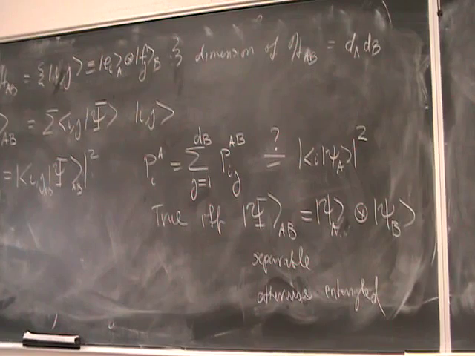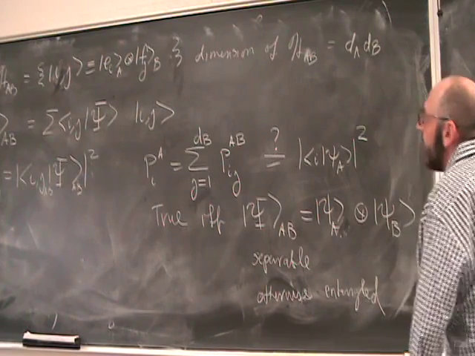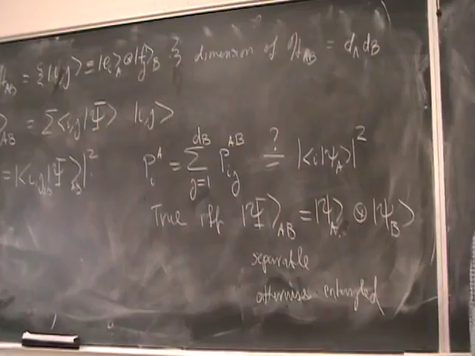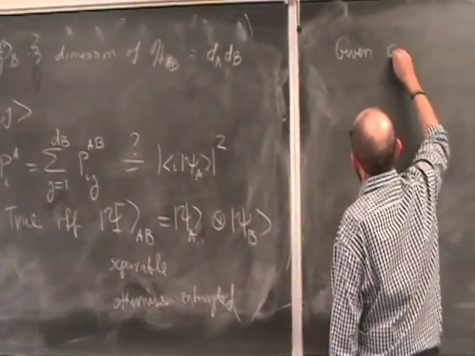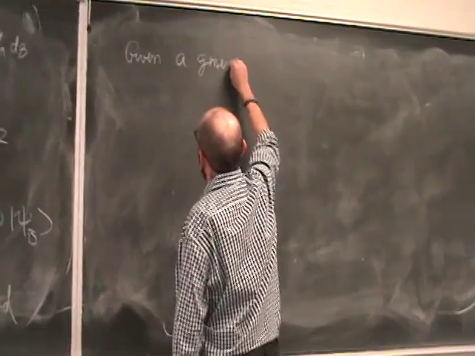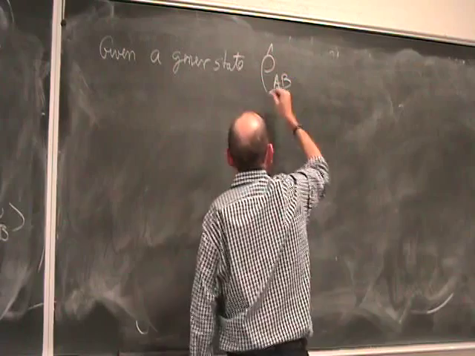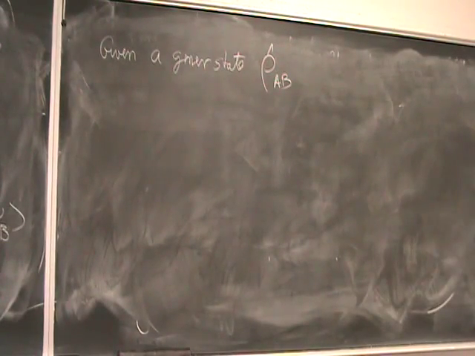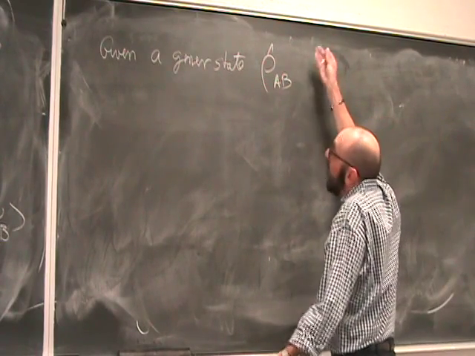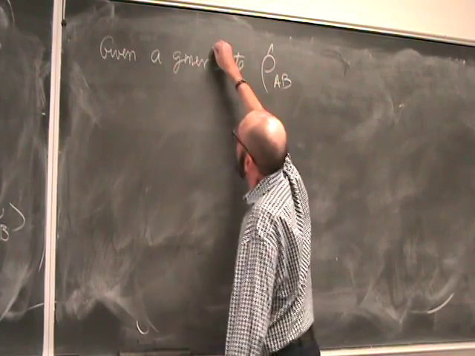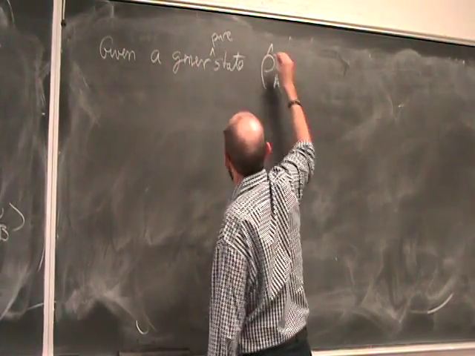So, given a joint state of the system, a general joint state, how do I determine the state of a subsystem? For the moment, let's start with a general pure state, which might be entangled.